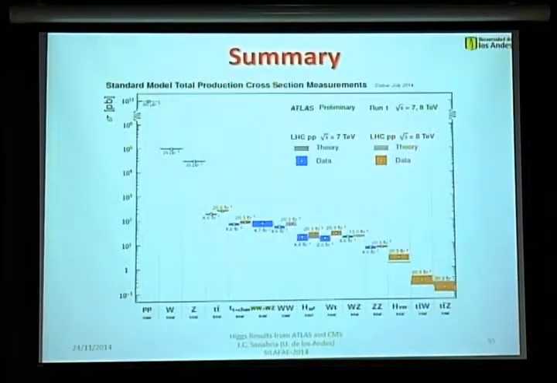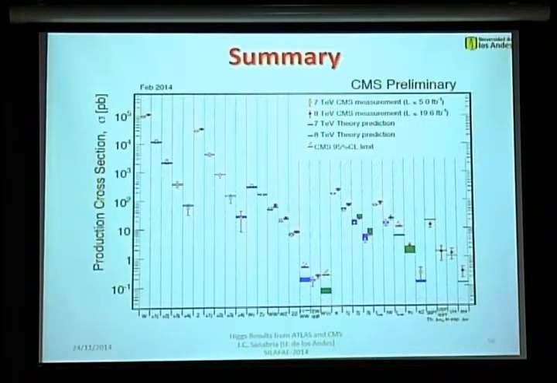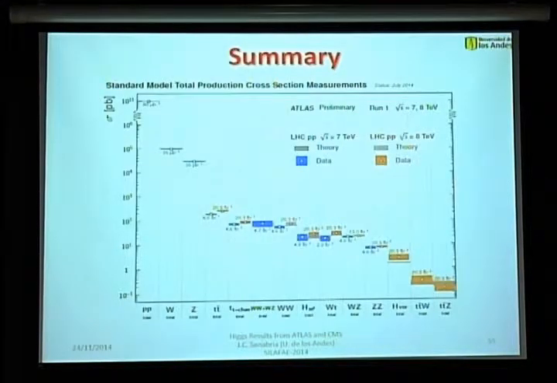Summary. This plot and the similar plot from CMS just show us the level of achievement of the LHC and the experiments. The mapping of the standard model at 7 and 8 TeV is just impressive. And in these charts, new entries have been added related with Higgs cross-sections.